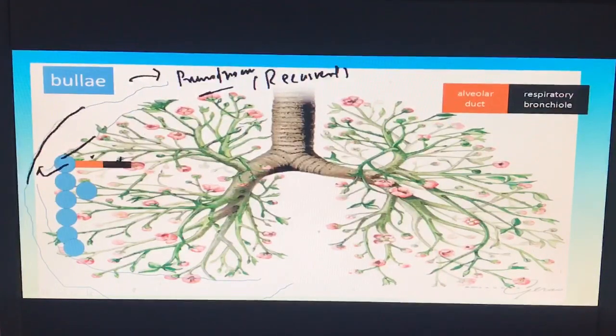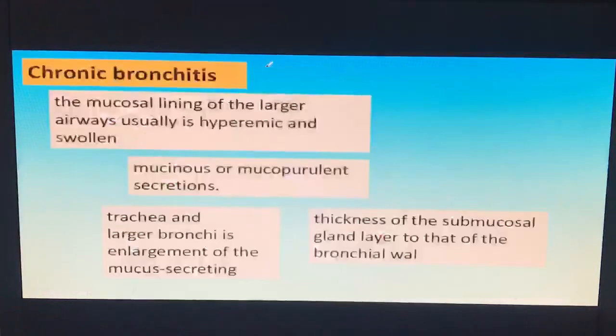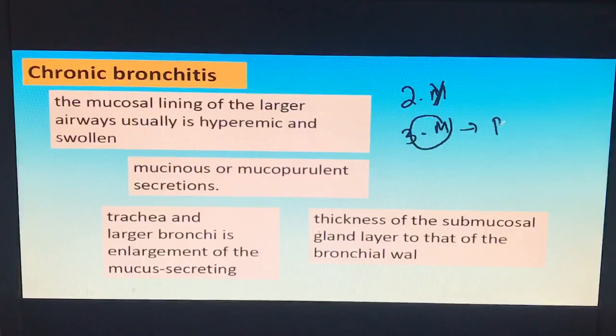Now chronic bronchitis. Chronic bronchitis is described as the person having productive cough for 3 consecutive months for 2 years. This is the second part of COPD.